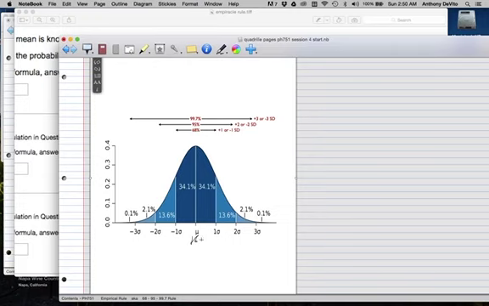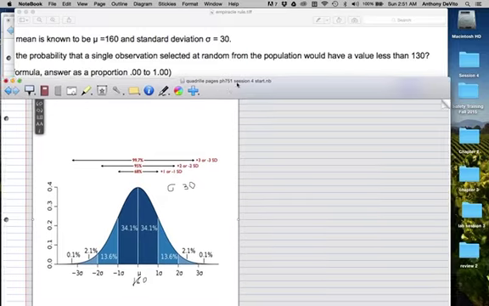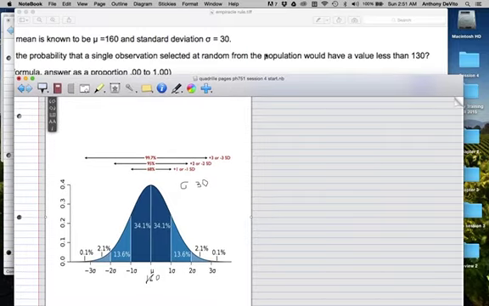And the standard deviation is 30. Sigma is equal to 30. Well, let's see. 130 would be one standard deviation below the mean, and the mean would be 160. So to answer that question, what's the probability a single observation selected at random would have a value of less than 130?